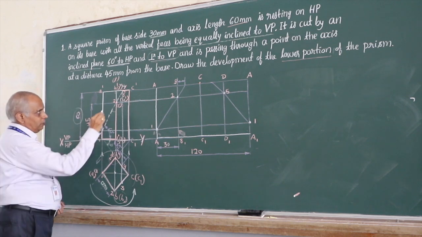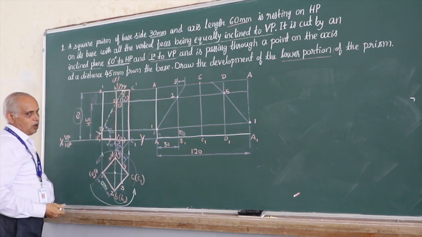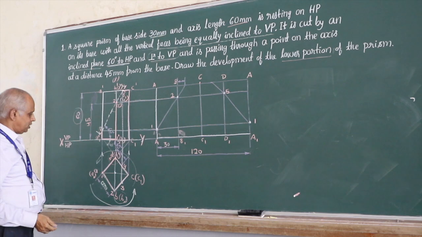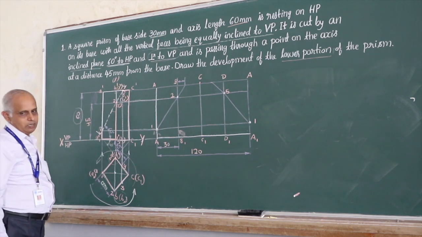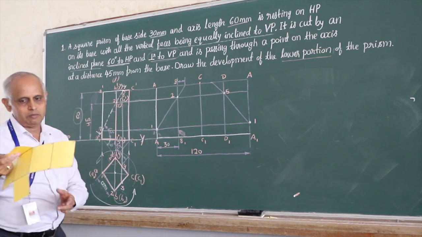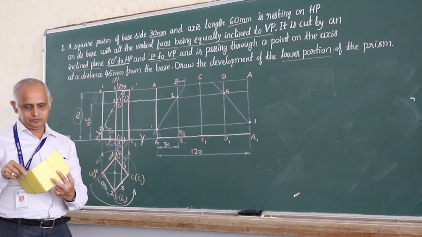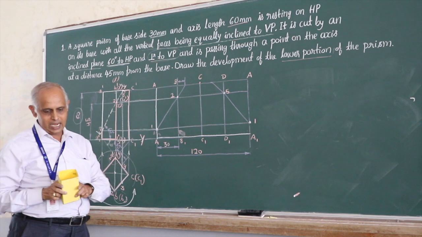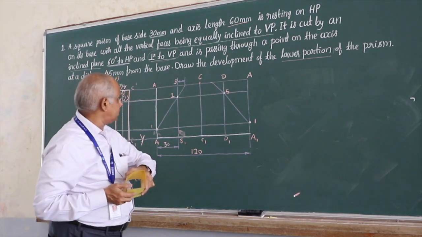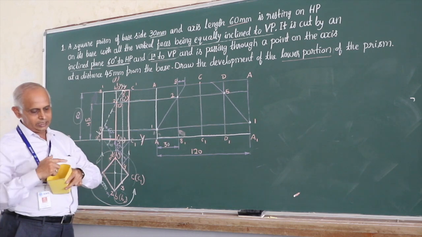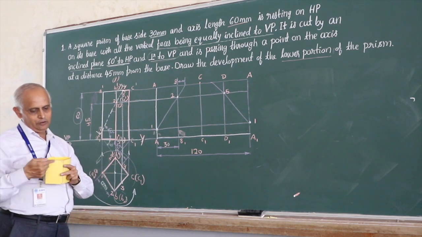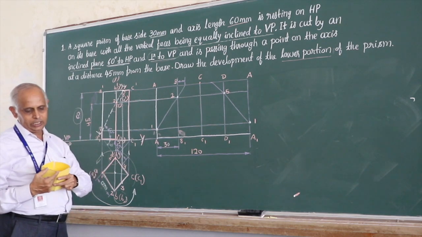If you observe 3 and 4, they are on the inclined edges of the square prism. So if you look at the square prism, remember when I take a square prism and keep it like this, at an angle, these edges, this is C and this is B and this is D. So when you look in front view, this length is not seen in true length.